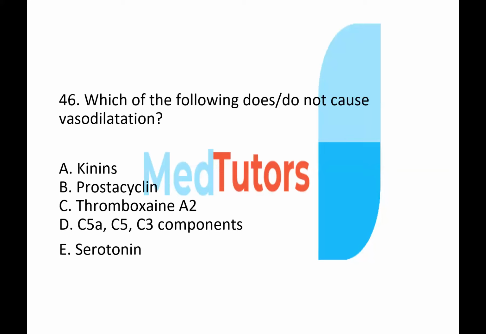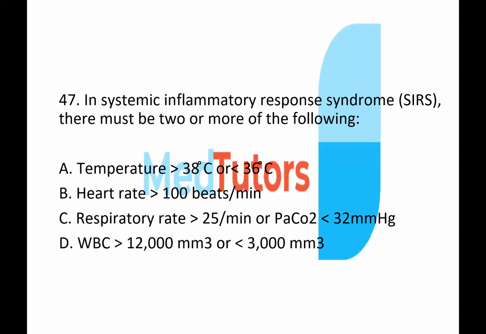Prostacyclins also. Now, thromboxane A2, what do they do? They cause vasoconstriction and platelet aggregation to limit blood loss. So the answer there is C. All these others cause vasodilation, histamine, serotonin, all those.